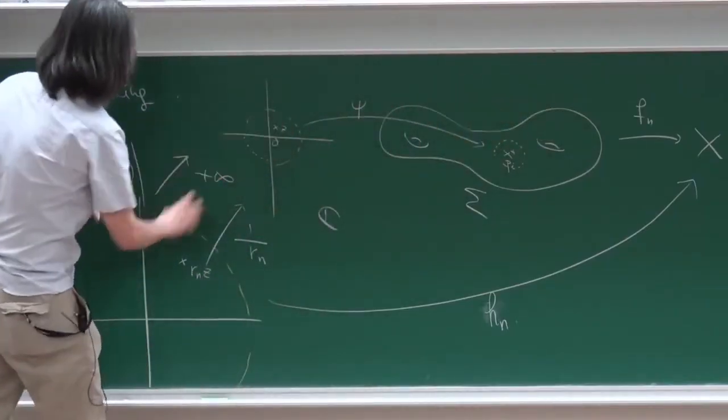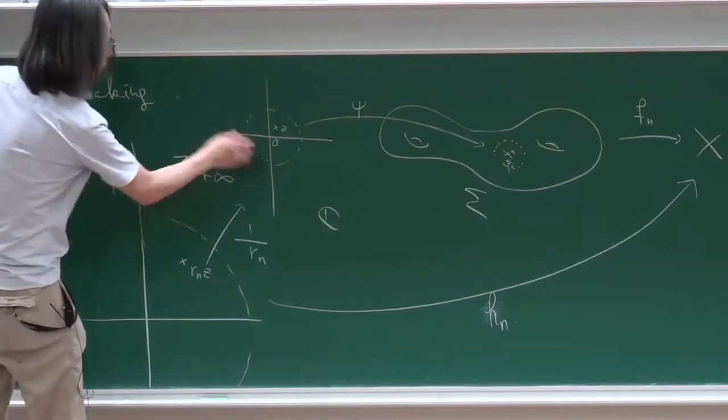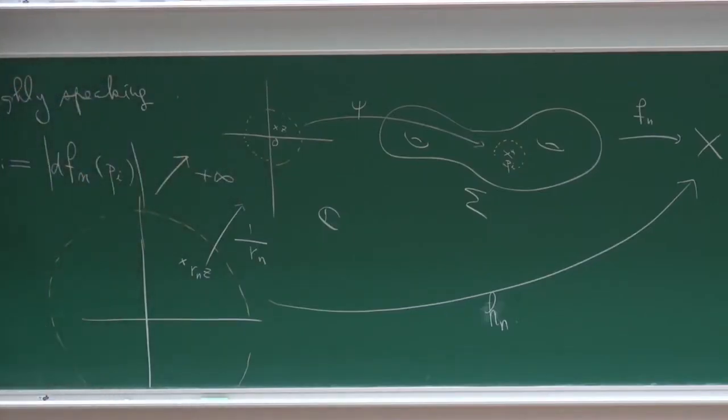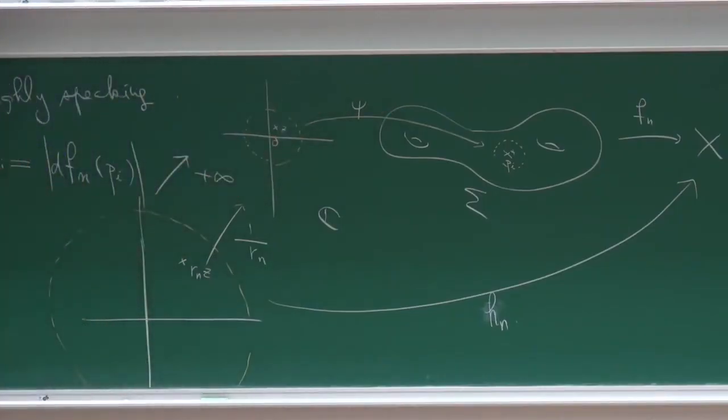if you change the domain by conformal mapping, then the area form is multiplied by some scalar squared, and the derivative of this mapping is multiplied by 1 over the scalar.